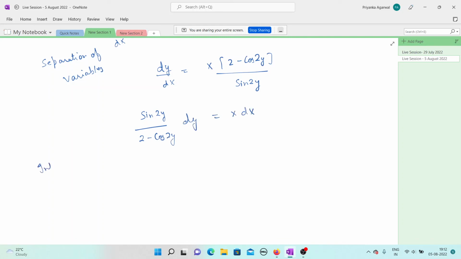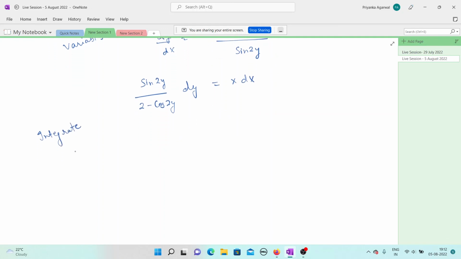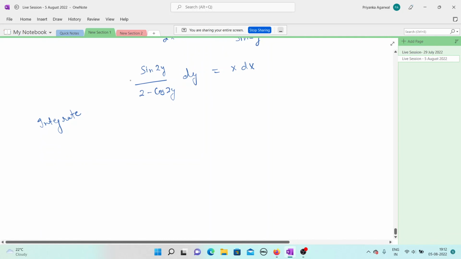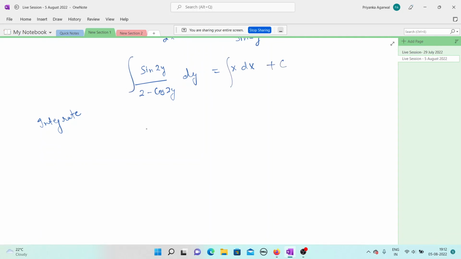Now we can integrate this. To solve this, you can take 2 minus cos 2y as some t.